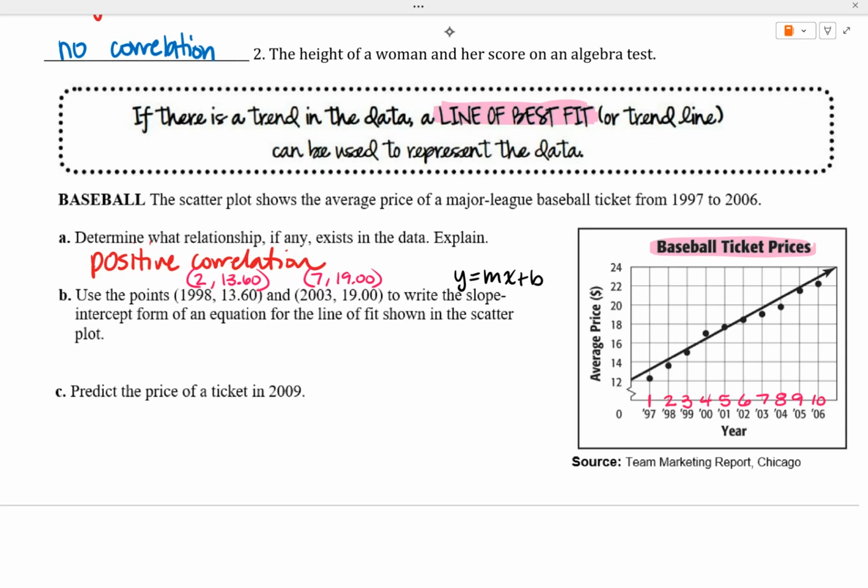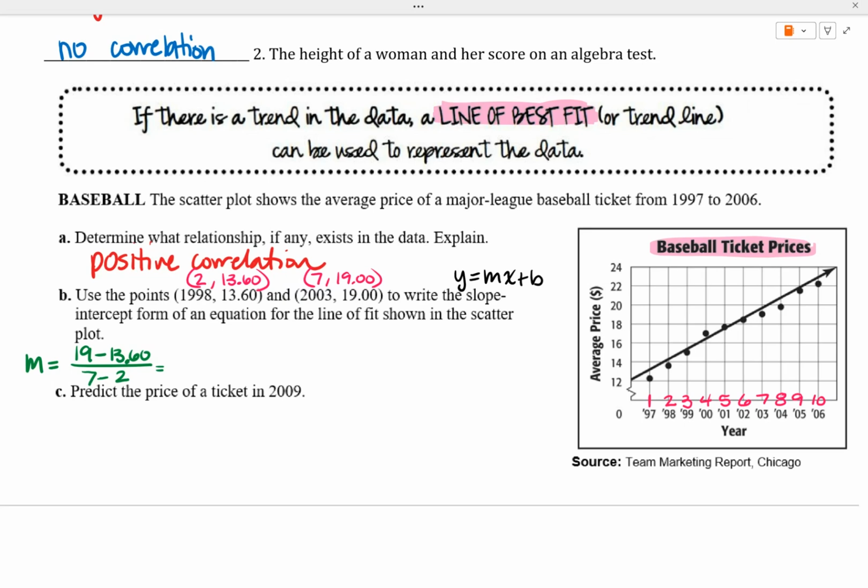So the first thing that we're going to do is find our slope. So again, slope formula. So y2, which is 19, minus y1, 13.60, over x2. You can use the 2003, but I suggest using 7, smaller numbers, minus 1998's number, which is 2.